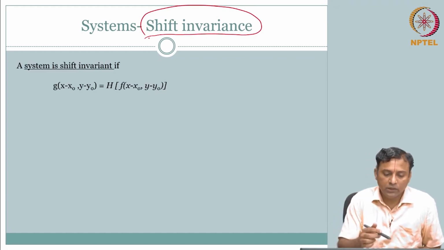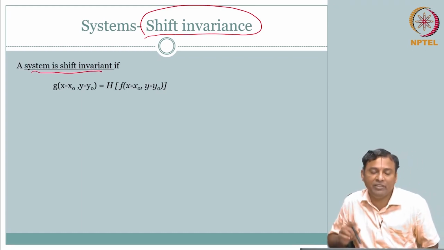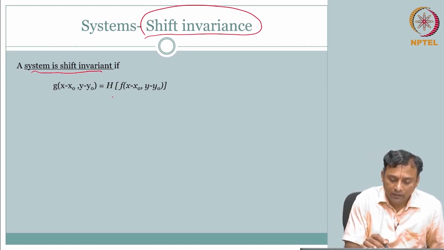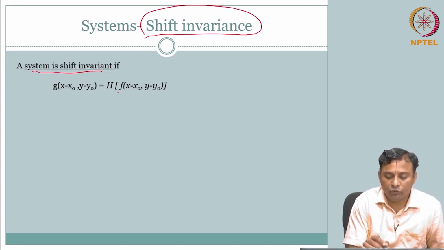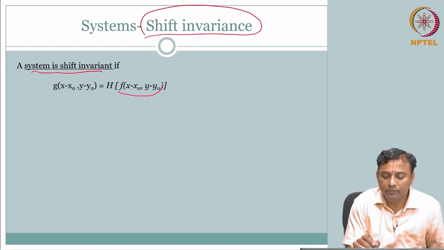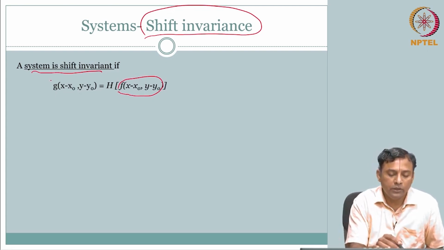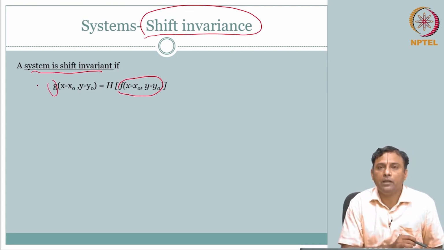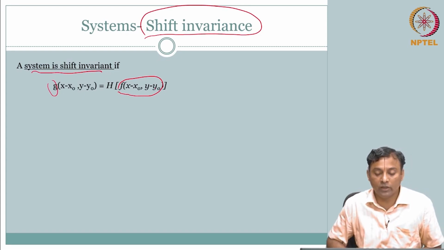So it turns out, if the system is shift invariant, then this is what happens. You have f of x comma y; if you have f of x comma y, the output is g of x comma y. If I present f of x minus x naught, y minus y naught, what does that mean?